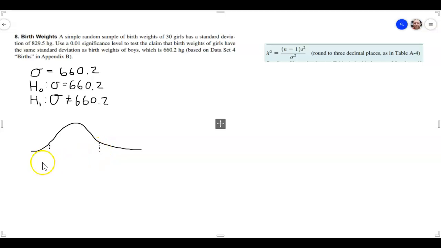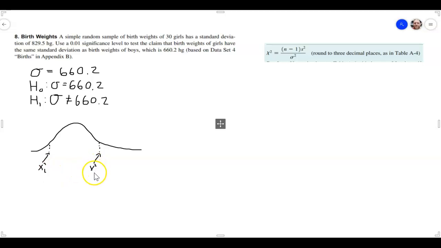And so that means I'm going to have a critical value here, and a critical value here. So I need to identify those critical values. So that's going to be a chi-square left here, and I'll have a chi-square right value here.